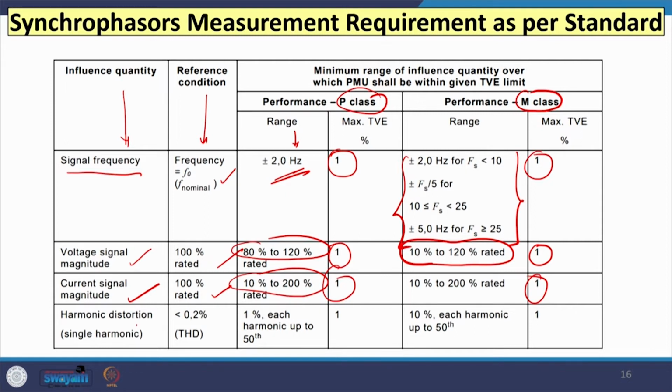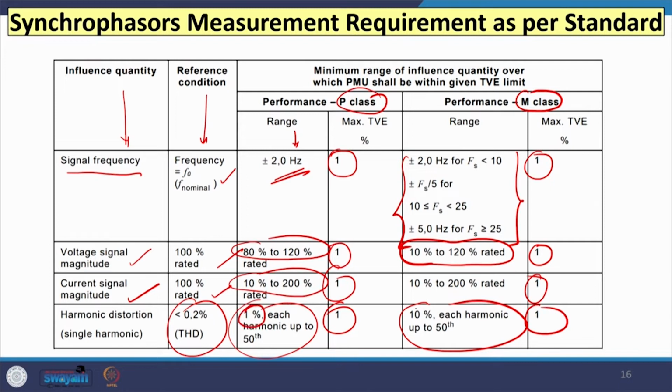If I consider harmonic distortion for P and M class PMU for the same 1% TVE, you can see that the THD, that is the harmonic distortion allowed, is totally different. Here it is 1% each harmonic up to the 50th for P class PMU, whereas for measurement class PMU it is 10% for each harmonic up to the 50th harmonic.